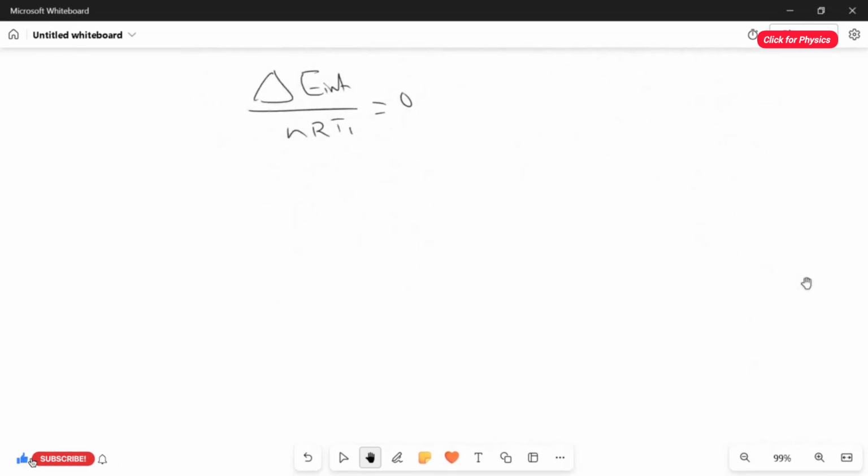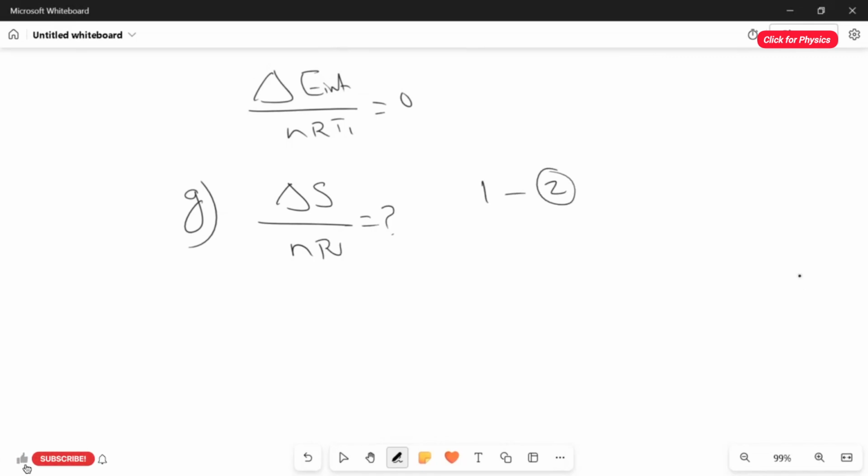Now we have to come for the last part, which is G. They ask you to find change in entropy over N R. We have to find this again for path 1 to 2. So in this question, we are going to focus only on path 1 and 2. What is path 1 and 2? Which is again isothermal, right?